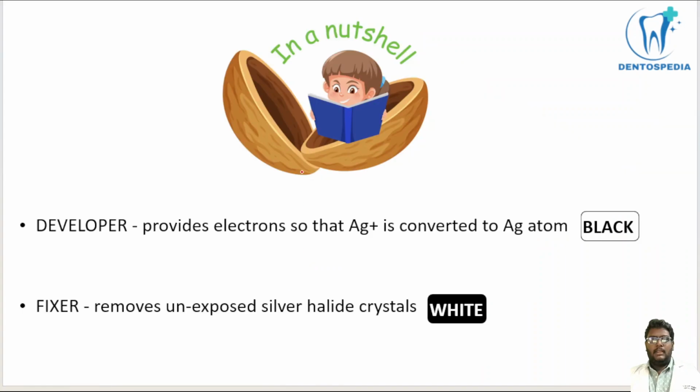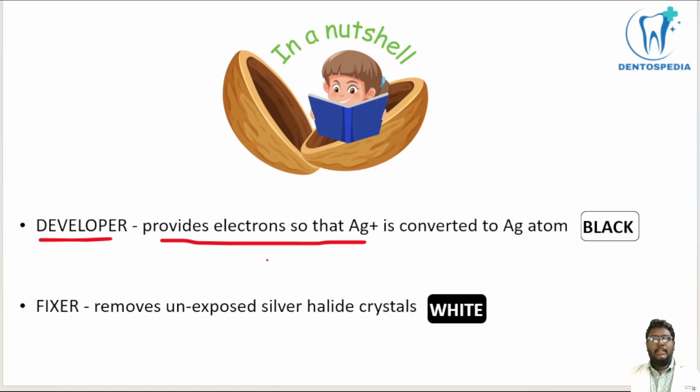Okay, in a nutshell, we have discussed that developer is a chemical solution involved in the process of film processing. What is the function of the developer? There are many important points regarding the developer, and the most important point is that it provides electrons to the Ag plus.